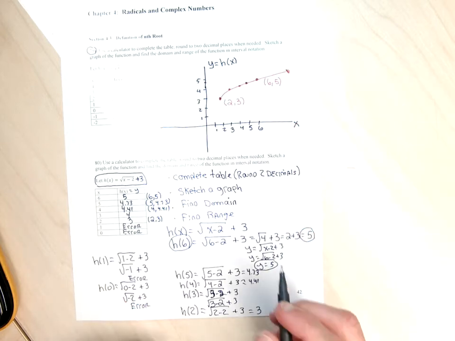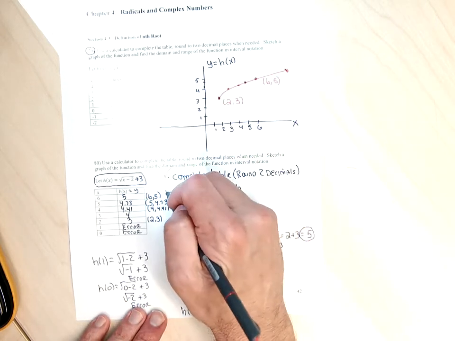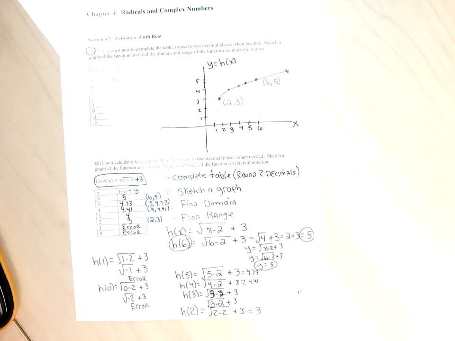So I completed my table, I sketched the graph, and now I'm going to find the domain and the range of the graph, which is actually kind of easy to do.